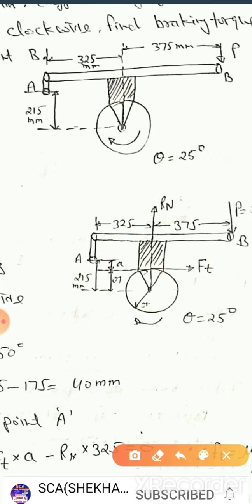So the distance between point A and the line of action of tangential force Ft is 40 mm.